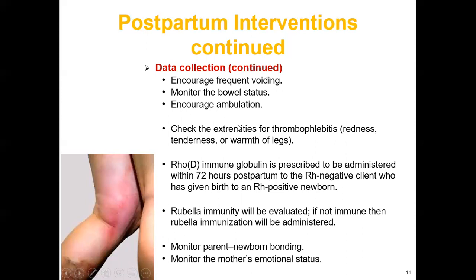The NCLEX board likes to ask questions from thrombophlebitis or deep vein thrombosis or Homan sign. The NCLEX board also asks a question from here. If a mother is Rh negative and gives birth to an Rh positive baby, what could we do?